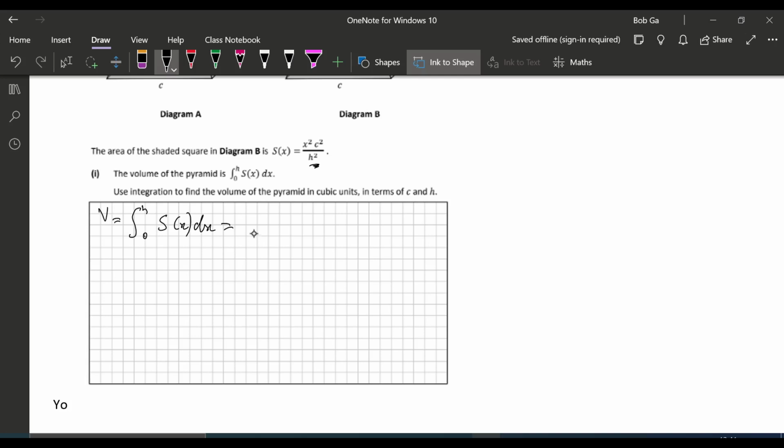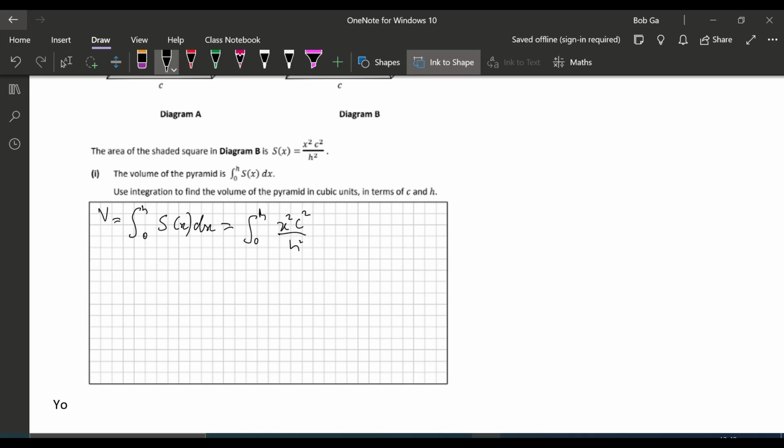So this is equal to the integral from 0 to h, and then we're substituting the s of x there, which is x squared c squared over h squared. Clean up this there. All right, so I'm just copying that down.